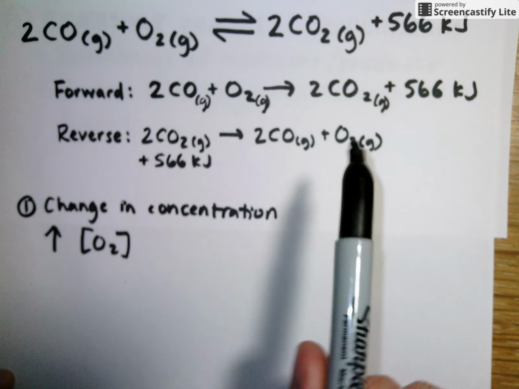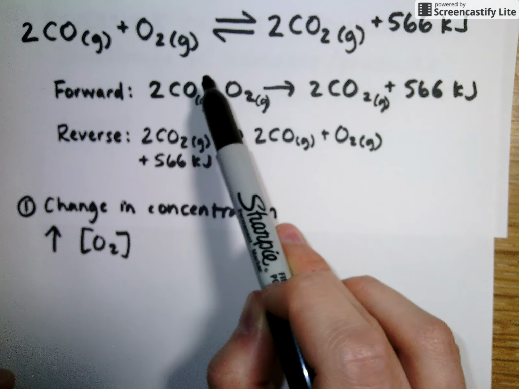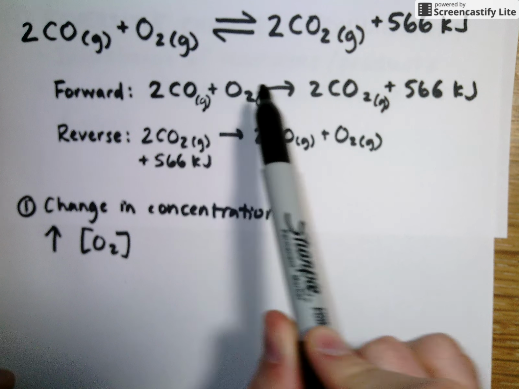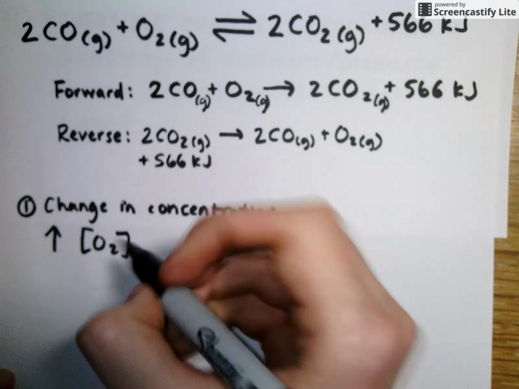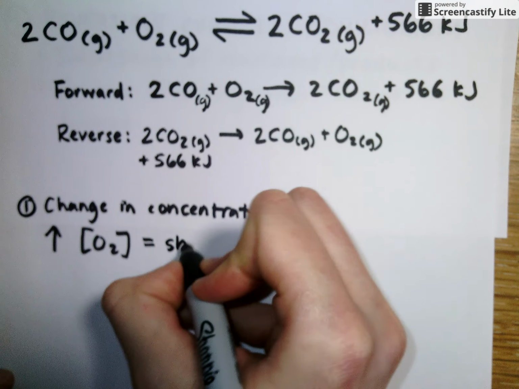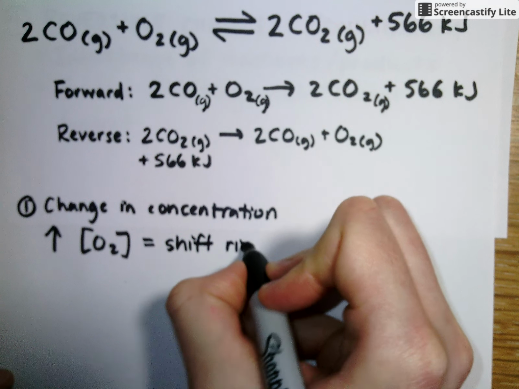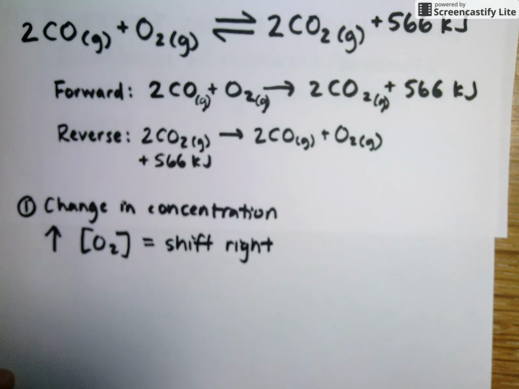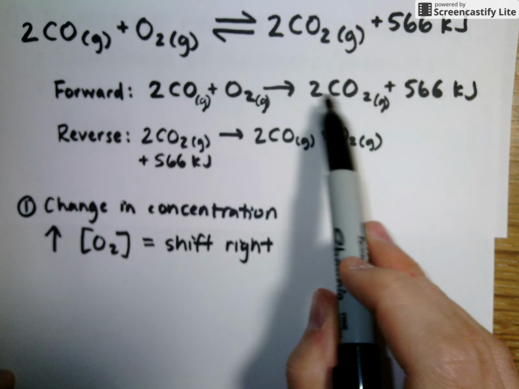So what you guys know is when I add stuff, it's going to try and use it up to produce more products. So this is going to equal a shift right towards producing more products, therefore favoring the forward reaction.